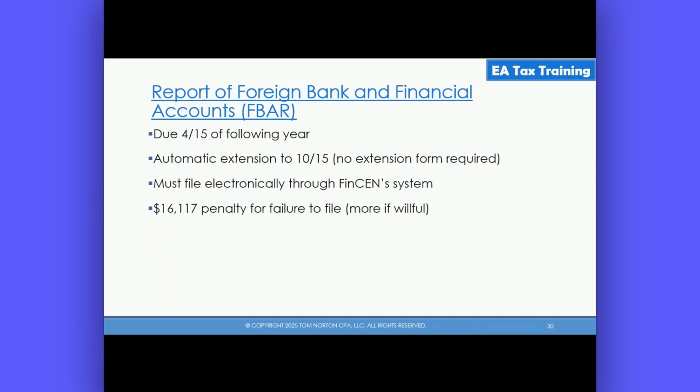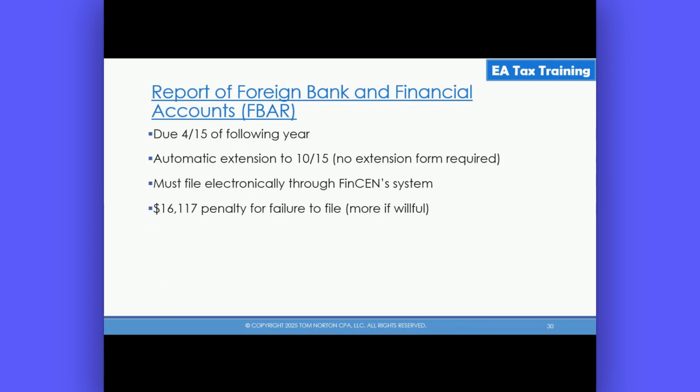If you were willfully not filing it, the penalty could be substantially more. So if you're trying to hide your assets from the IRS, you're doing it on purpose, you're not filing this form, then the penalty can be a lot greater. But if you just overlook it, you're not familiar with it, you didn't know you had to file it, you forgot about it, etc., $16,117 penalty for failure to file.